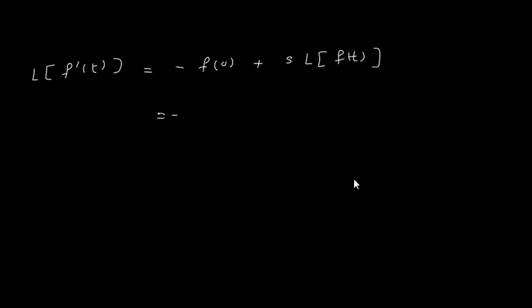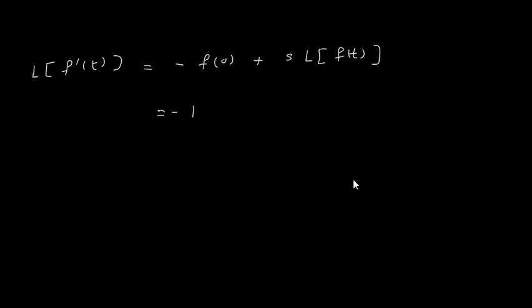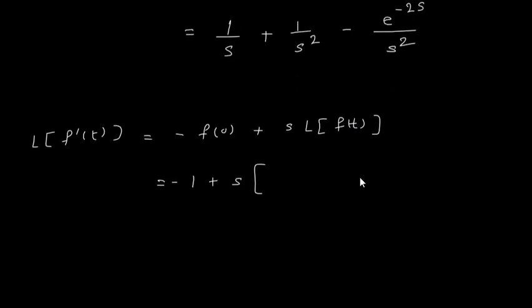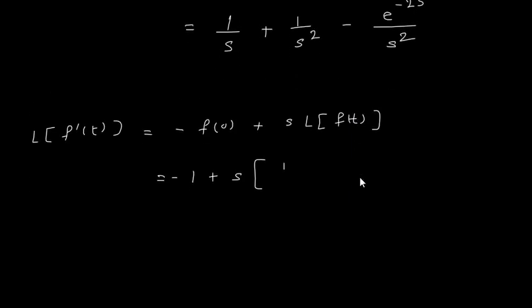So here I will write this as minus 1 plus s into Laplace of f of t. We have just found its value: 1 upon s plus 1 upon s square minus e power minus 2s upon s square.